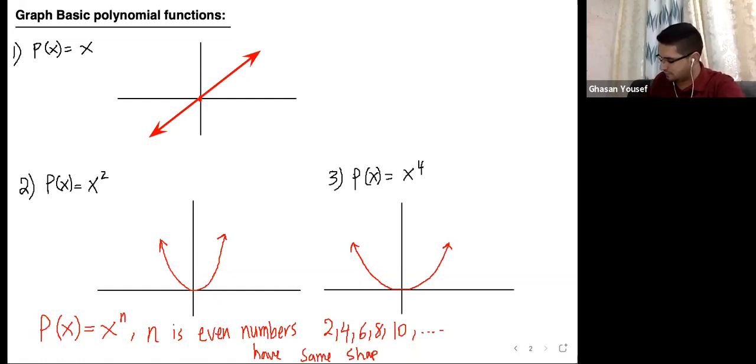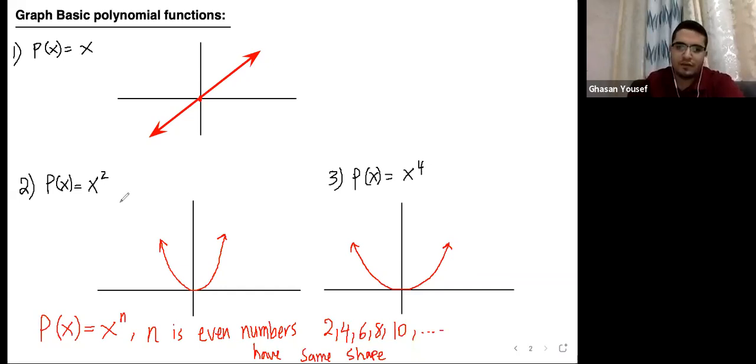Understand? The same thing for x to the power 6, x to the power 8, same thing.